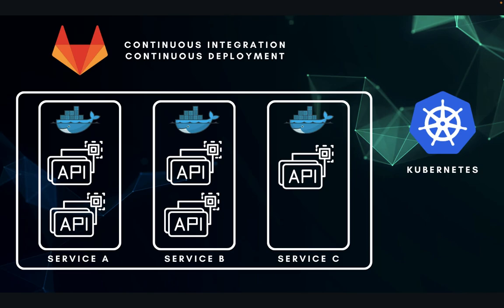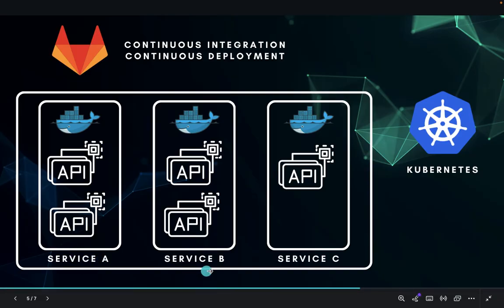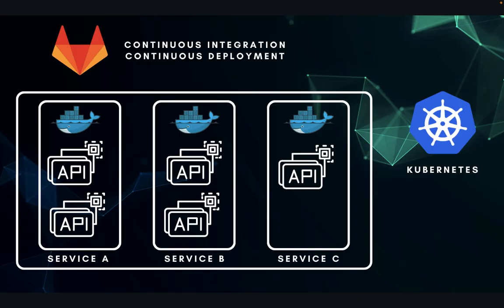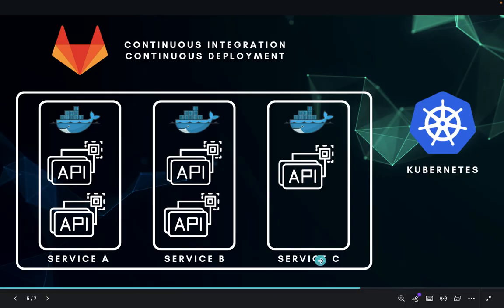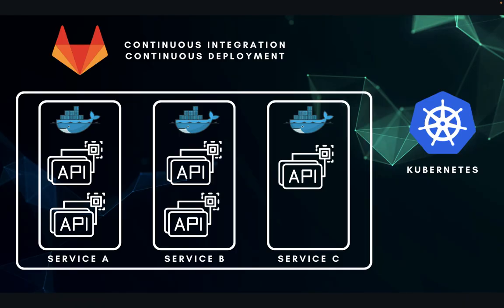You are then able to say for service A, service B, if the traffic is heavy, you can scale up those services according to the traffic and according to the demand. And if service B does not receive that heavy load, it doesn't need to scale up.